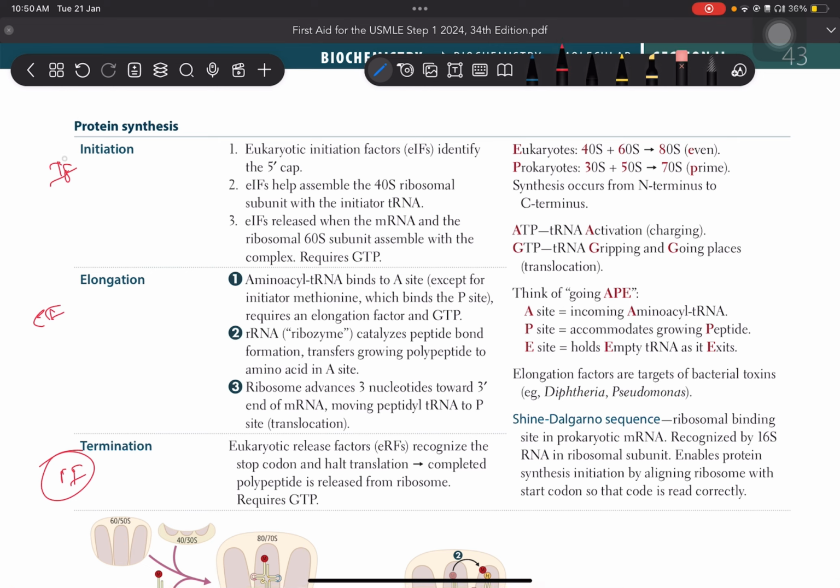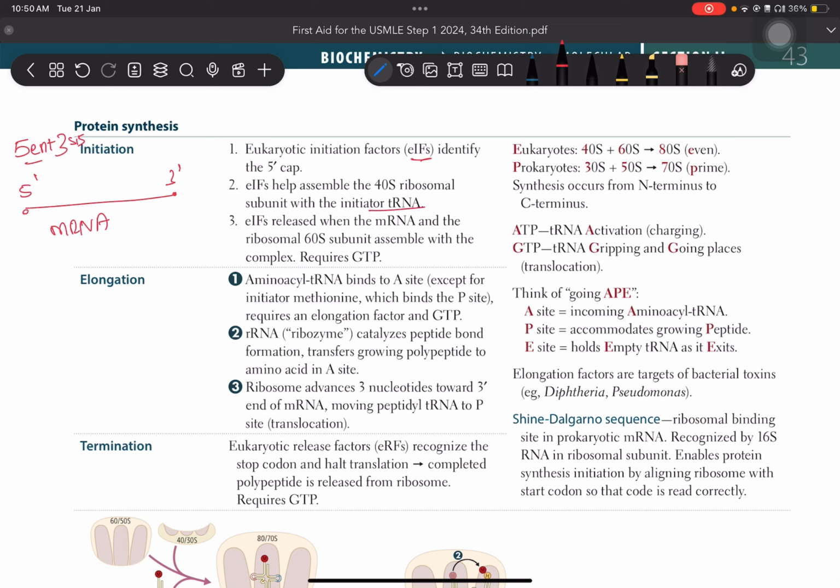First, going into the initiation. In initiation you have eukaryotic initiation factors, which is EIF. Identify the 5' cap. You have mRNA with 5' and 3' ends, and synthesis always occurs from 5' to 3'. Initiation factors assemble the 40S ribosomal subunit with initiator tRNA.